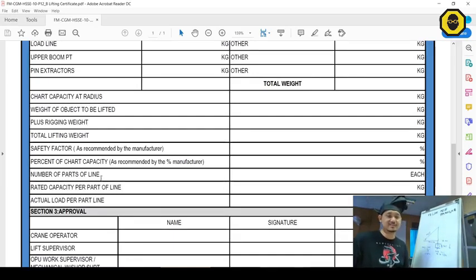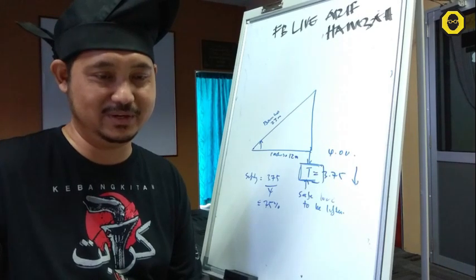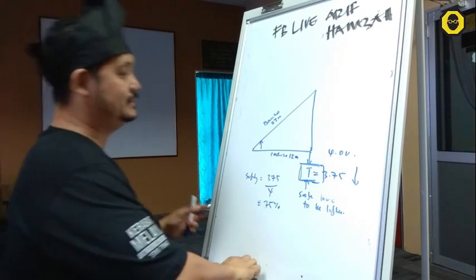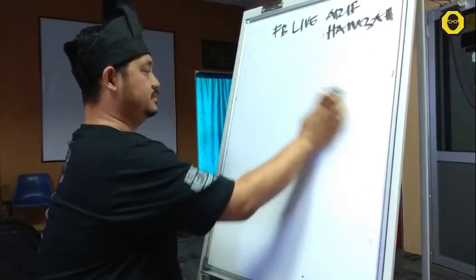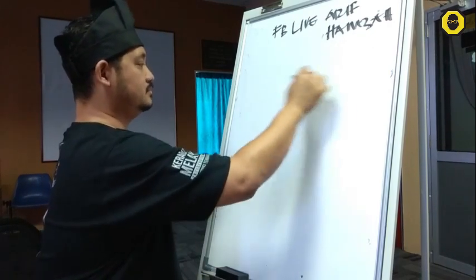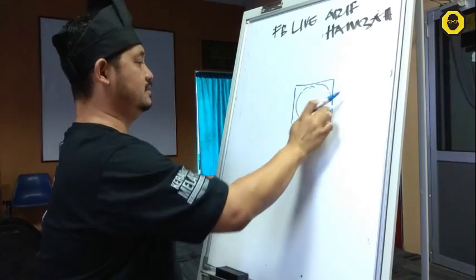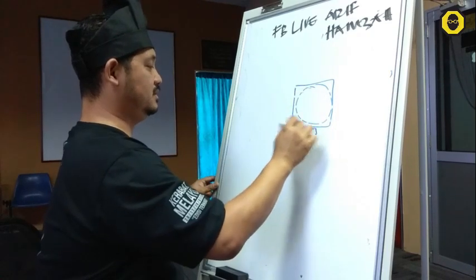Number of parts of line. Okay, what is number of parts of line? You talk to the crane operator, they will know what you mean by parts of line. Okay. For the main block, normally there is a pulley inside there.